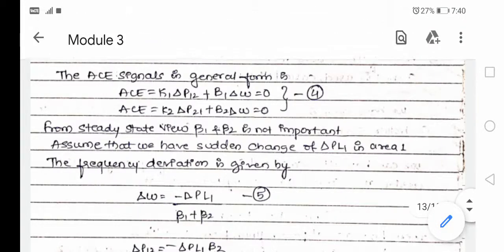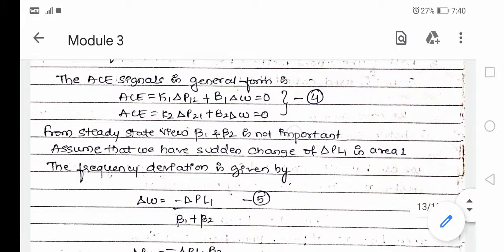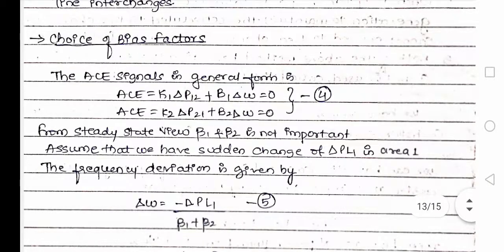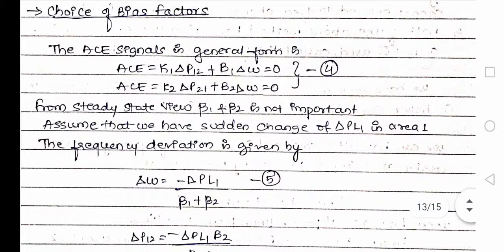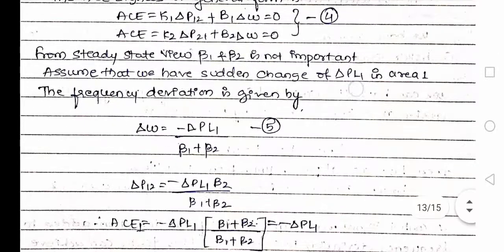These two are the equations we take for the ACE signals in area number 1 and 2. From the steady state view, whatever beta 1 and beta 2 you take is not important if you are taking the steady state parameters of the system, so you can neglect the parameters beta 1 and beta 2.